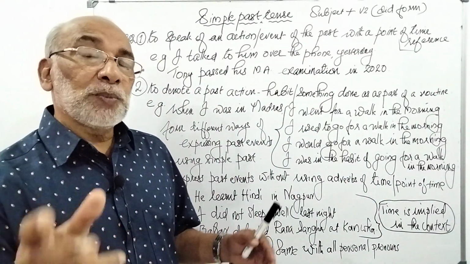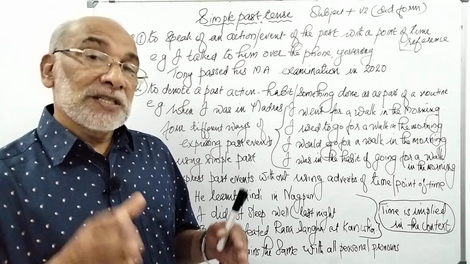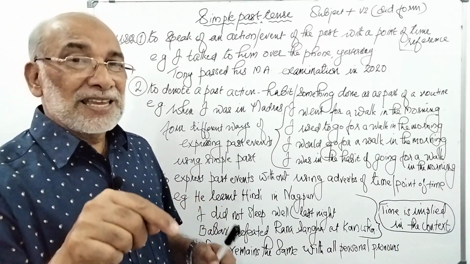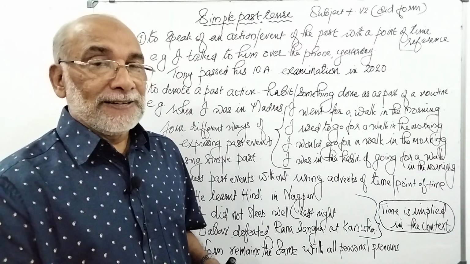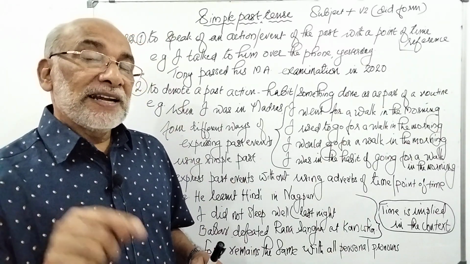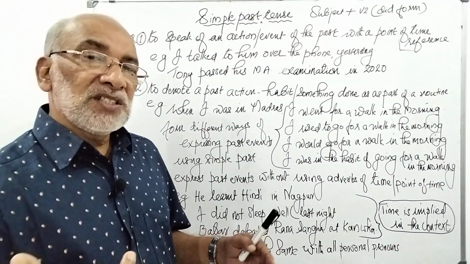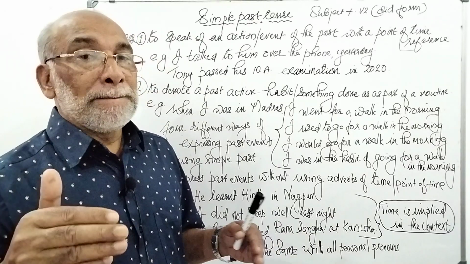Even if the action took place a century back, you can use simple past tense provided there is a point of time reference. For example, I met Tagore in 1913. Here 1913 is a point of time, so we just used simple past tense, I met.